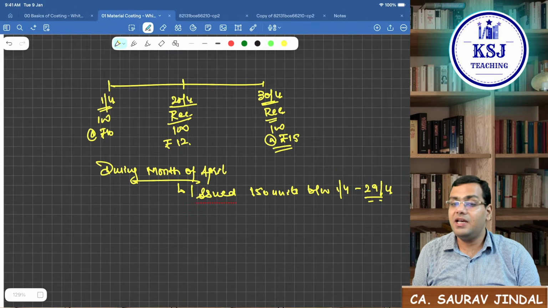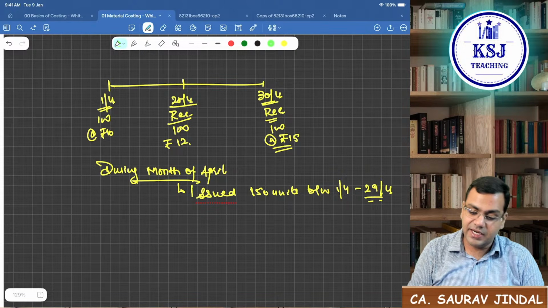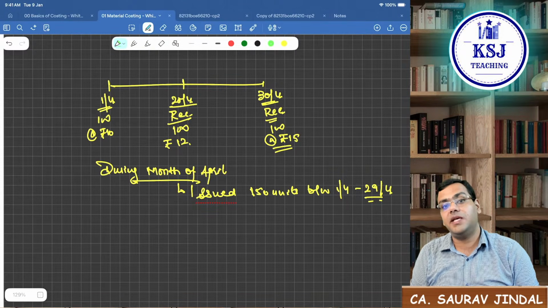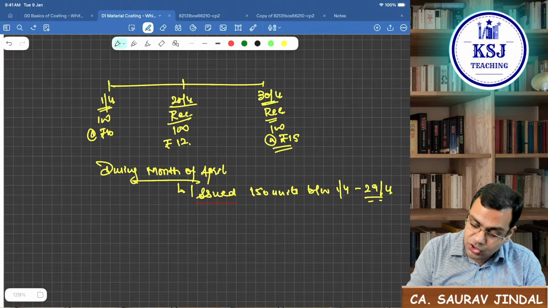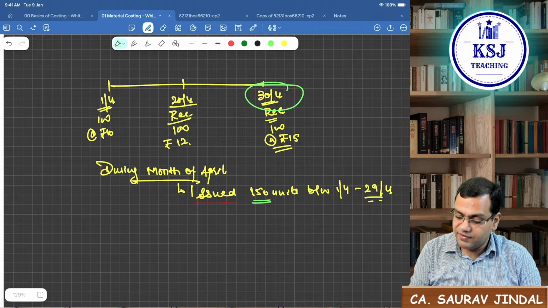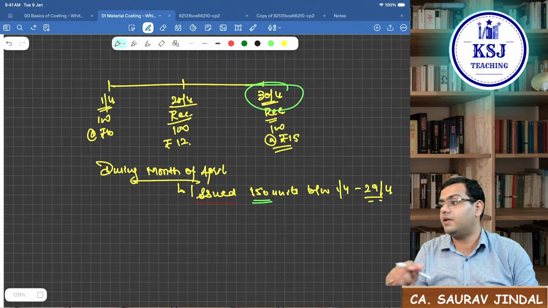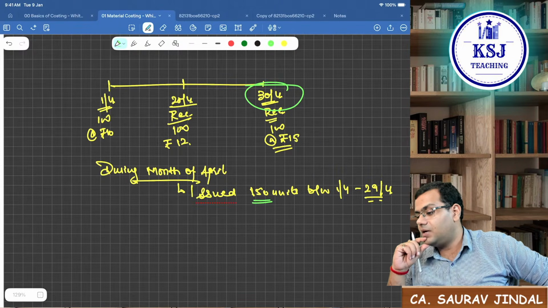Now, as per the LIFO method, you will say, sir, material received last should be issued first. So can we issue the material of 30th of April when we are talking about these 150 units? Can we issue the material which is received on 30th of April in this case? Please let me know. Can we do this?